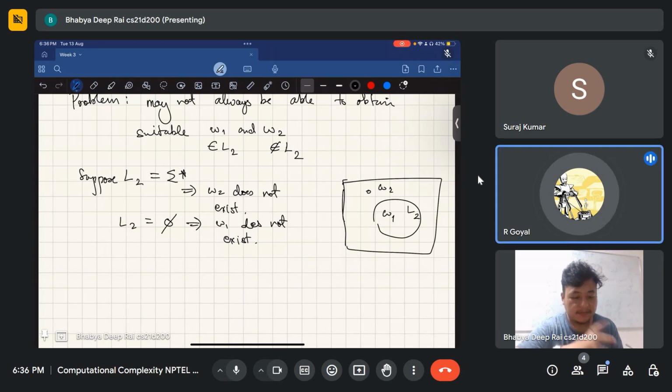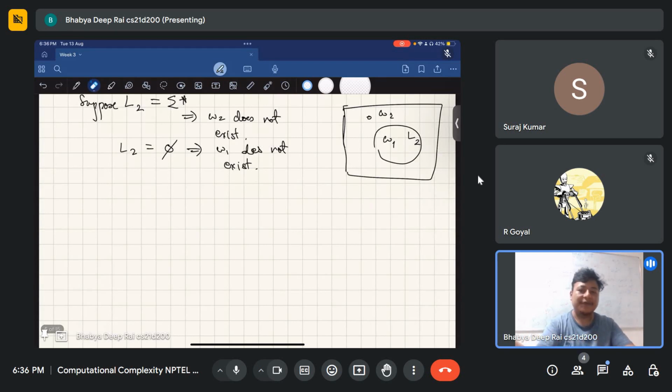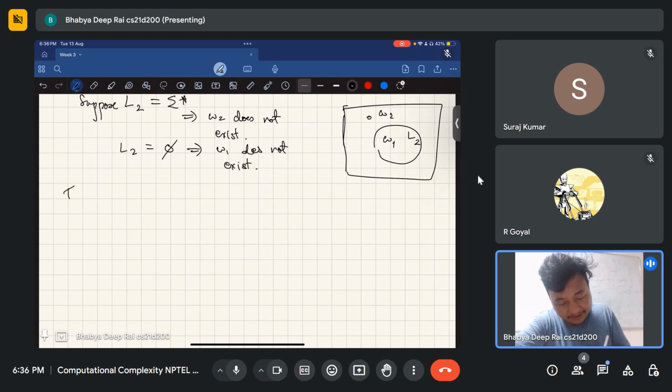Yes, it is clear. So when L2 is either sigma star or phi, this is not true. I cannot use this reduction. So what does it mean? Now my claim is changed. New theorem: the previous theorem was flawed.